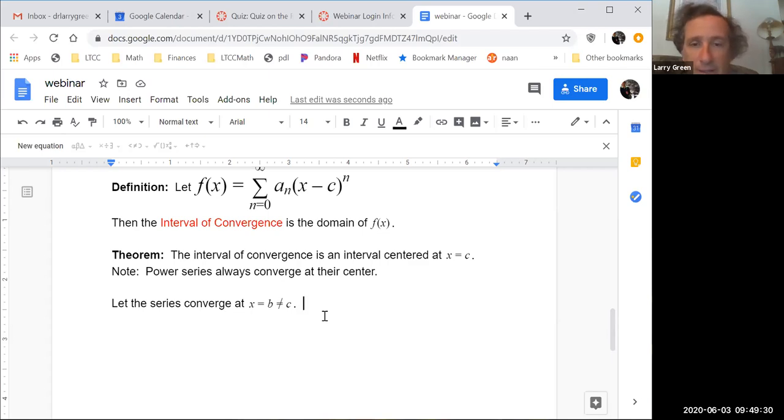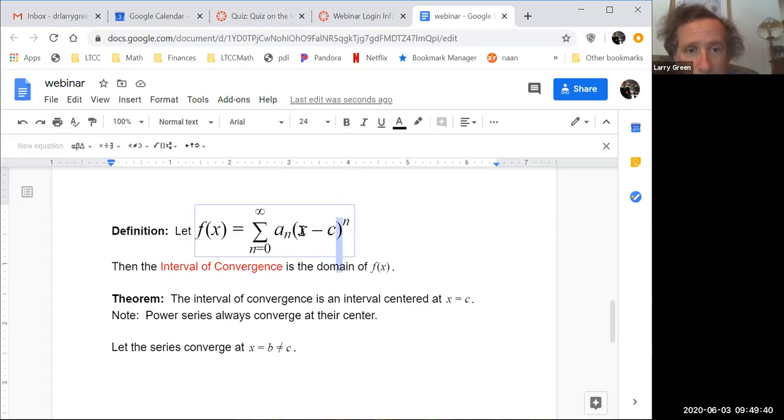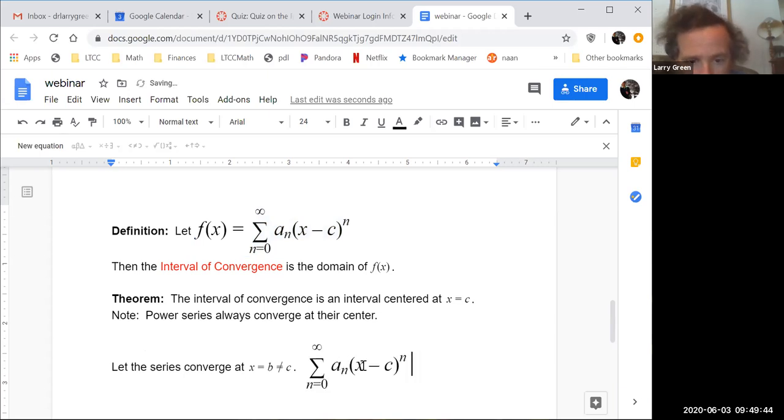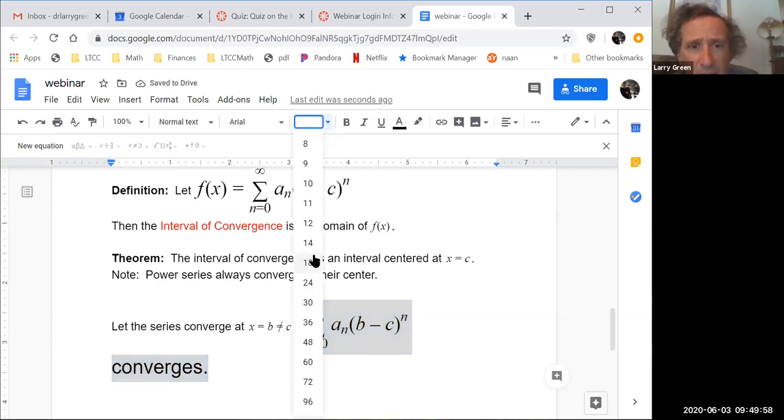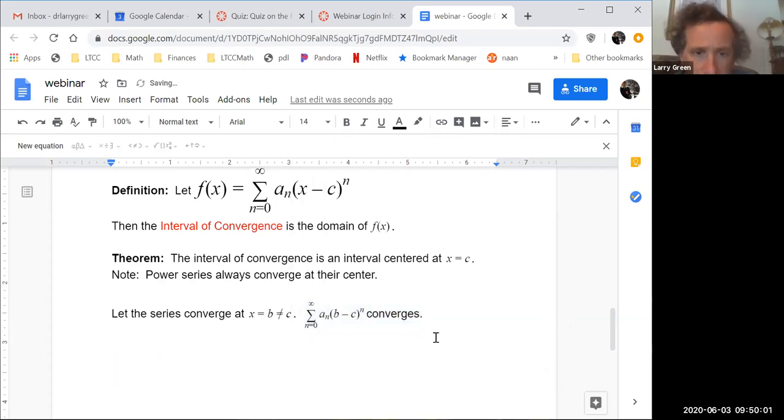That means that if we take this series and we plug in x equals b, it converges. That's what it means to converge at x equals b.